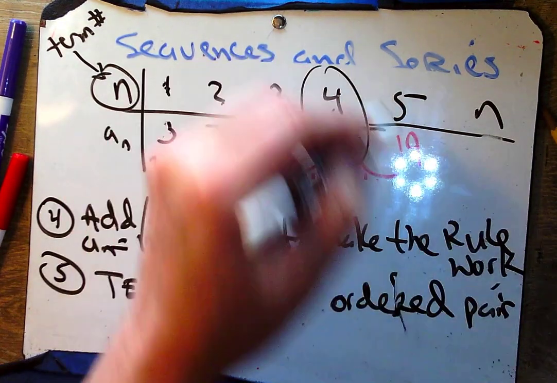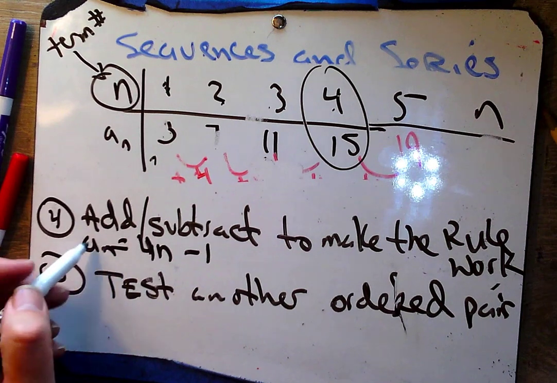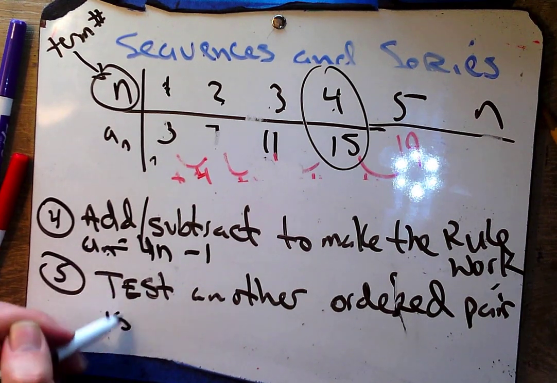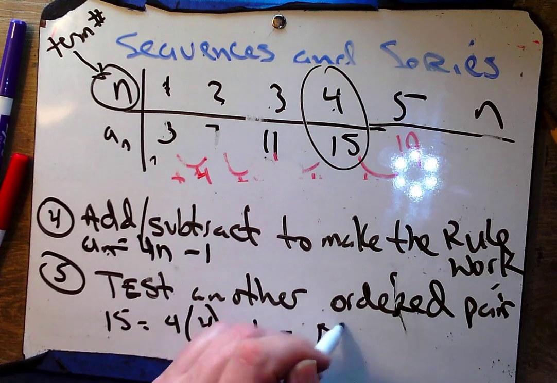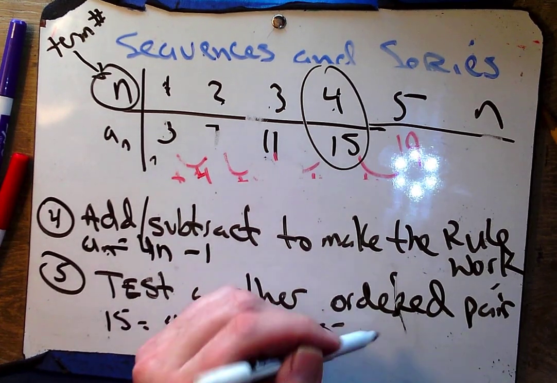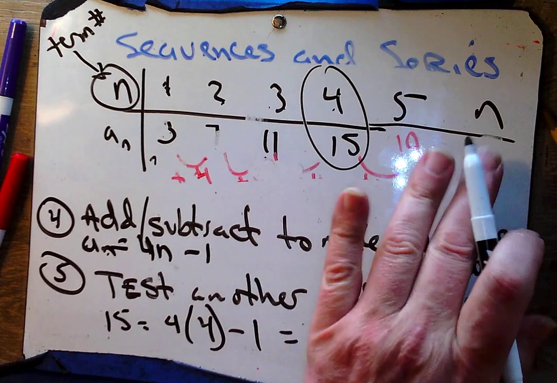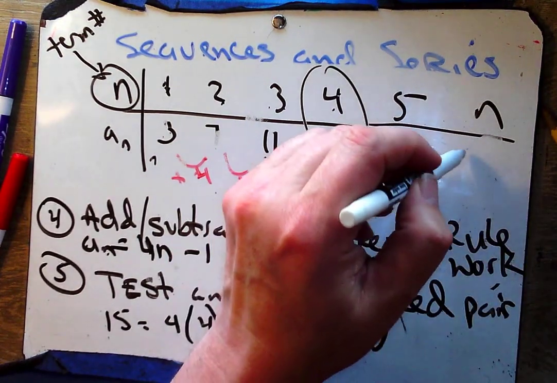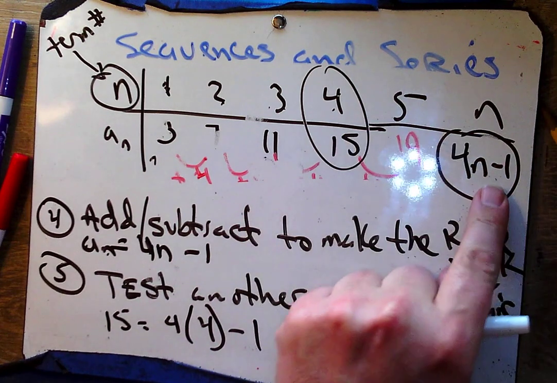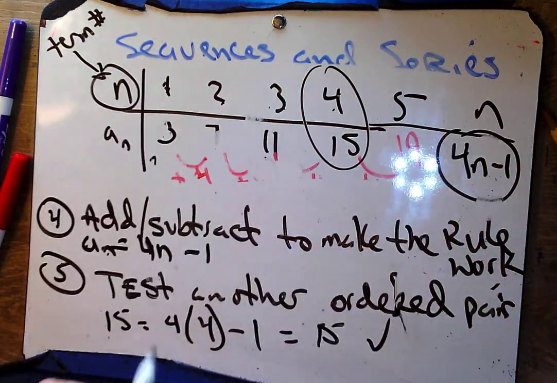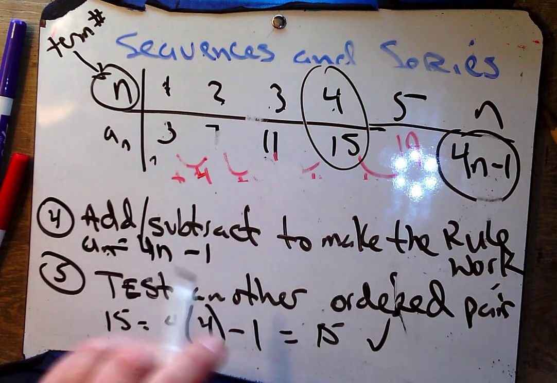So if I plug in a 4, I should get 15. A sub 4 equals 4 times 4 minus 1. Oh yeah, 16 minus 1 is 15. That's great. And so then my rule for the nth term here is 4n minus 1. That's the rule for this sequence, okay? All right.